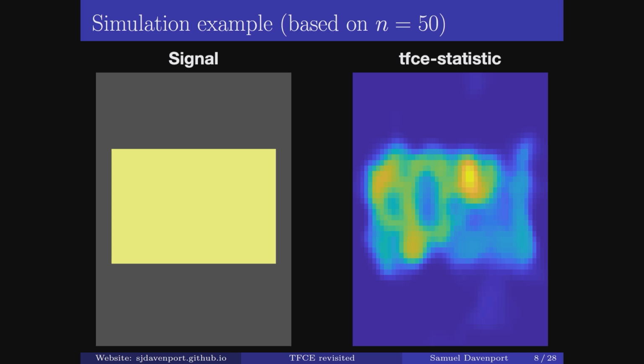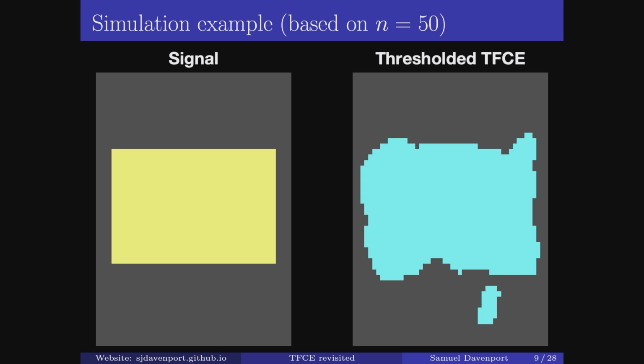We calculate the TFCE transformation, and then we apply permutation testing to generate this cutoff T star and do a threshold. And you can probably see that in this example, there's immediately some sort of issue, right? Instead of finding a single cluster, we've actually found two. And the second one doesn't overlap with the original signal at all, so it's a false cluster. And it occurs basically because the TFCE statistic in that area is borrowing information from the true signal.